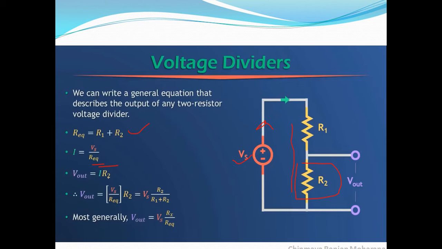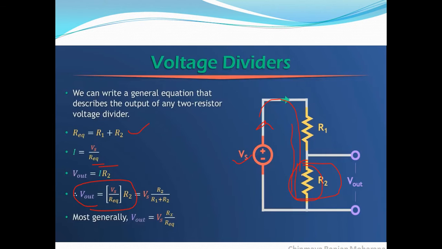Total I into R2, means the total current flowing in the circuit into R2. Okay, and next one is V out equals Vs into R2 divided by R equivalent. It is the value of R2.